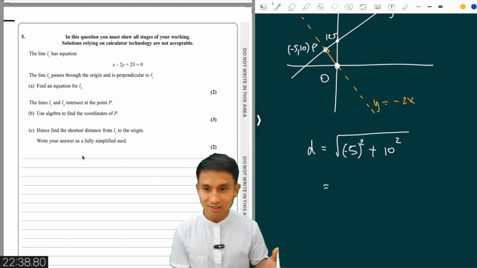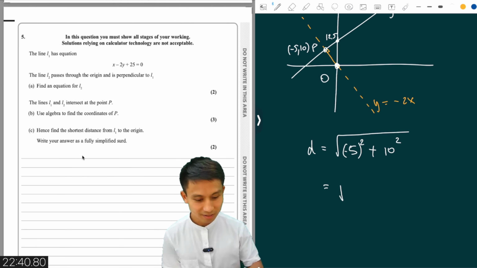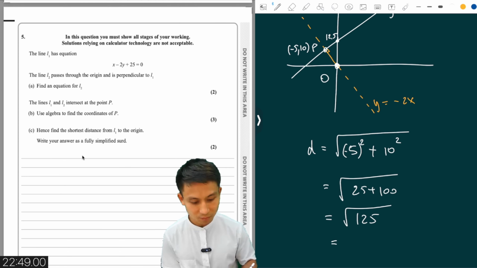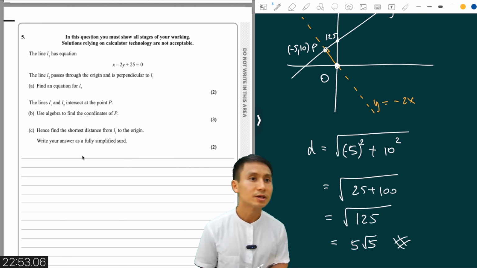If you didn't see it like this, maybe it would have been hard. So that's the square root of 25 plus 100, which is the square root of 125, and fully simplified surd, that would be 5 root 5.